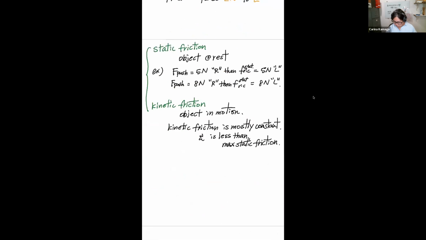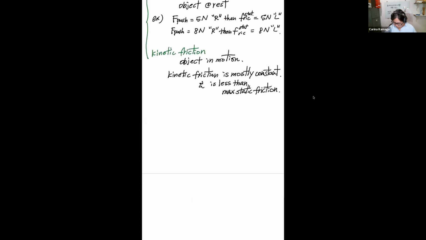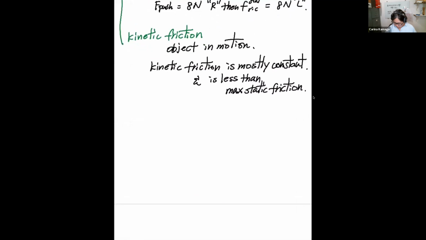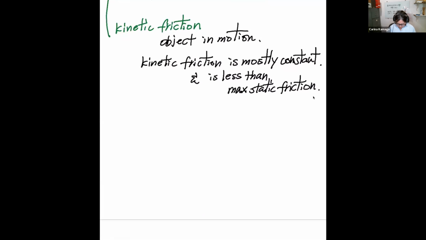My question is, does friction force, especially kinetic friction force, depend on the speed of the moving object?